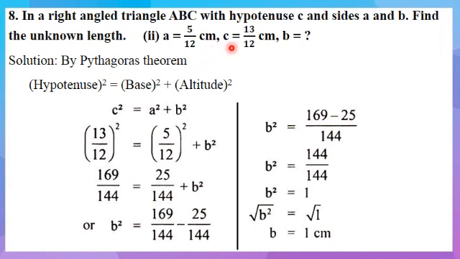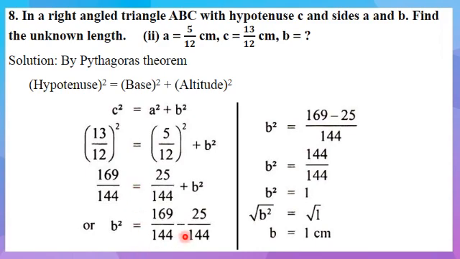C is the hypotenuse, so put the value of C, which is 13 upon 12, squared, is equal to A, which is 5 upon 12, take the square, plus B square. Applying the square, we will have 169 upon 144 is equal to 25 upon 144 plus b square. Now take this 25 on 144 to the other side of equality.